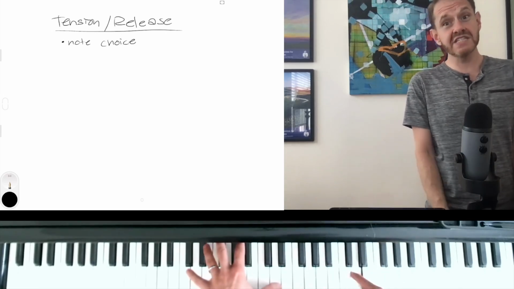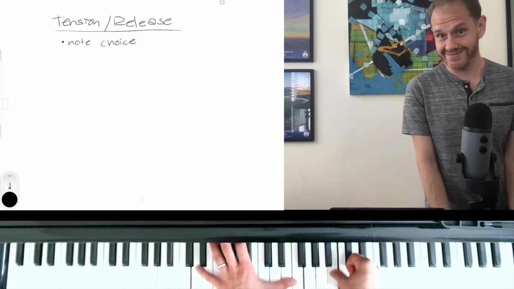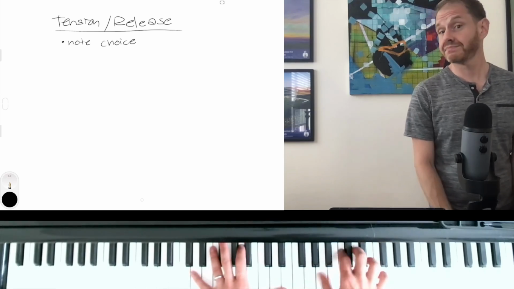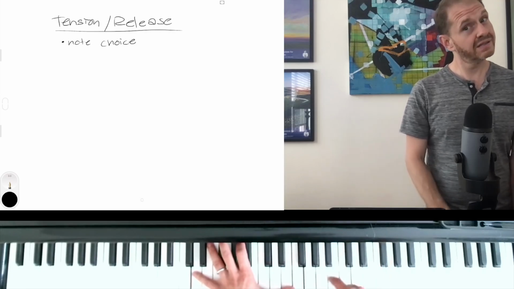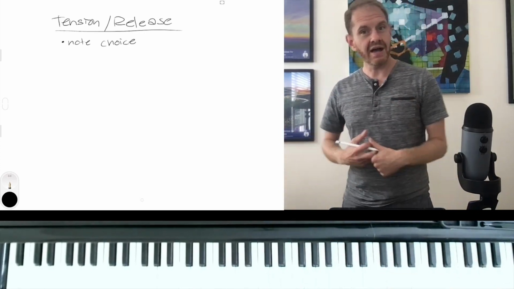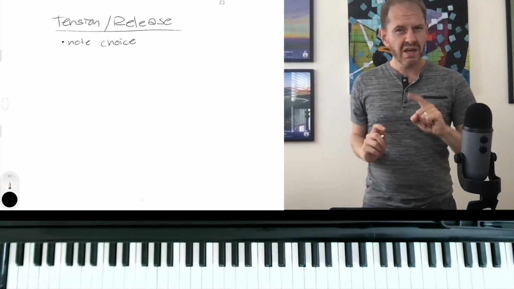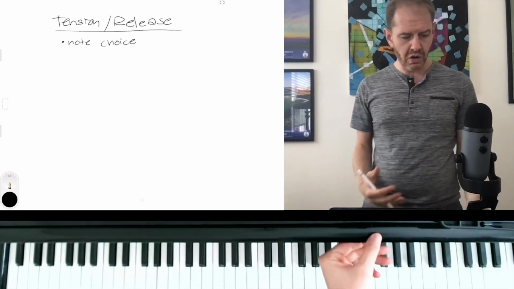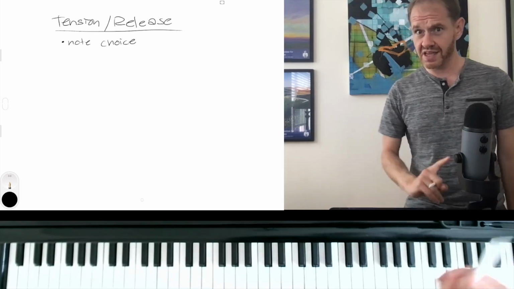Right, and notice I'm going from D, which should be the release note, to B. Unless your ear is completely different than mine, I'm still hearing tension and then release when we get to the B. So what this tells me is that, to some degree within this mode, it's not so much note choice that's giving us tension and release, which is really interesting.